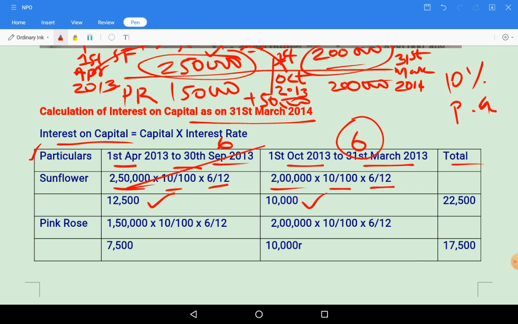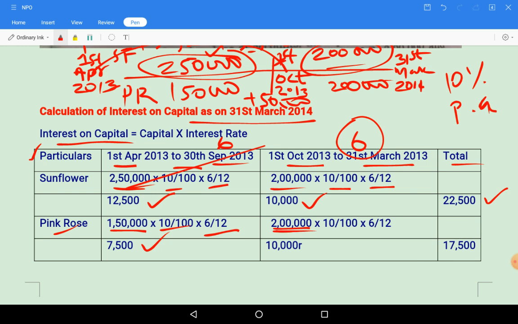Okay. So 12,500 plus 10,000, total it is 22,500. Similarly, for pink rose, first 6 months pink rose holding 1,50,000, rate of interest 10%, that is 10/100, and period 6/12, 7,500, and for remaining they have introduced additional capital 50,000, so it has become, they have decided from October we should have 2 lakhs as the capital.